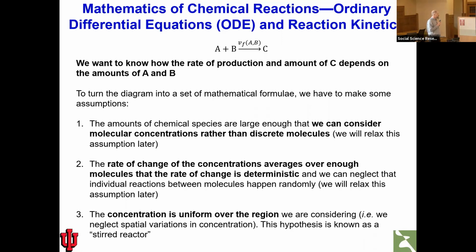The other thing is that reactions are stochastic. And again, if we're talking about molecular reactions with, say, oxygen, where there's a lot of it, then the approximation of a deterministic reaction is reasonable.